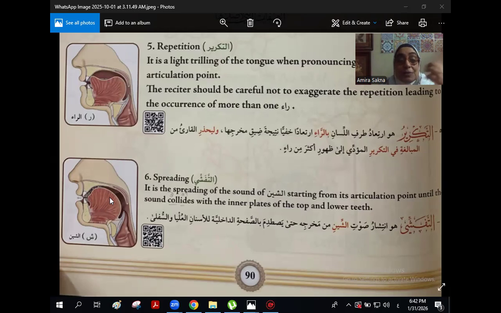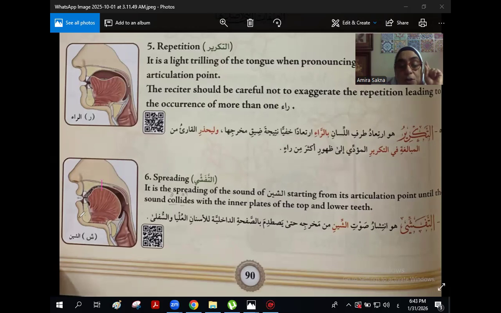Yeah, the sound is filling the mouth. There is spreading of the sound inside the mouth, ash, starting from the articulation point, starting from here, because this is the articulation point. It's the middle part of the tongue with what's parallel from the upper palate. So the sound will start from here and go outside of the mouth. In its way, it will meet the upper or lower teeth.